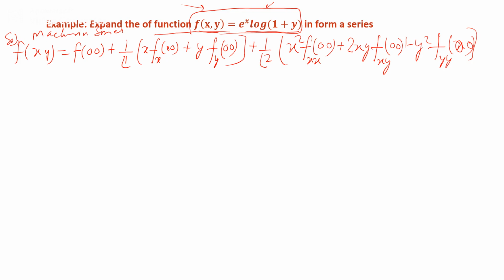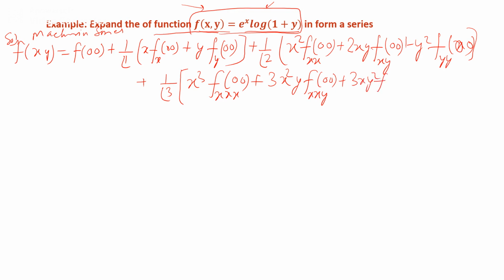And third term, what we get? Third term 1 upon factorial 3, we write x cube, the 3 time partial derivative at (0, 0), plus 3 times x square y, that is f_xxy at (0, 0), 3xy square f_xyy at (0, 0), plus y cube, the 3 time partial derivative with respect to y at (0, 0).